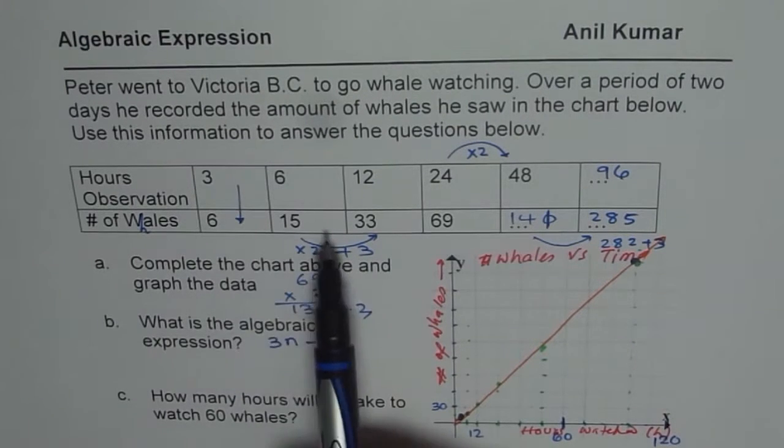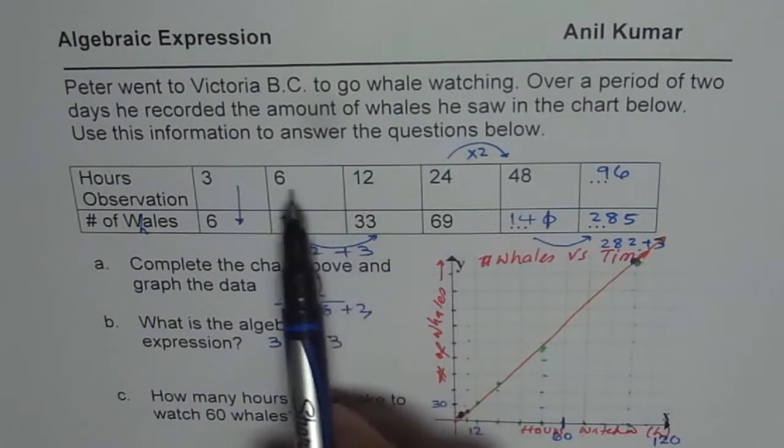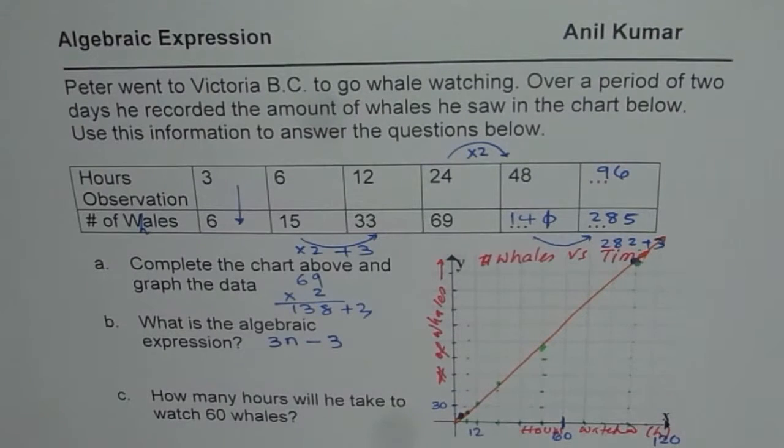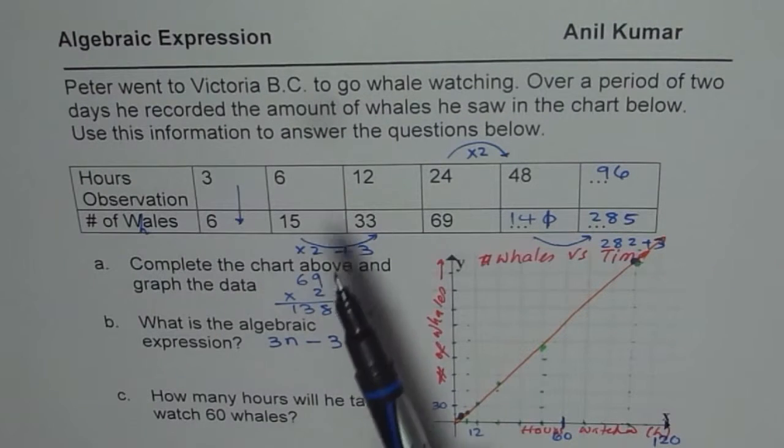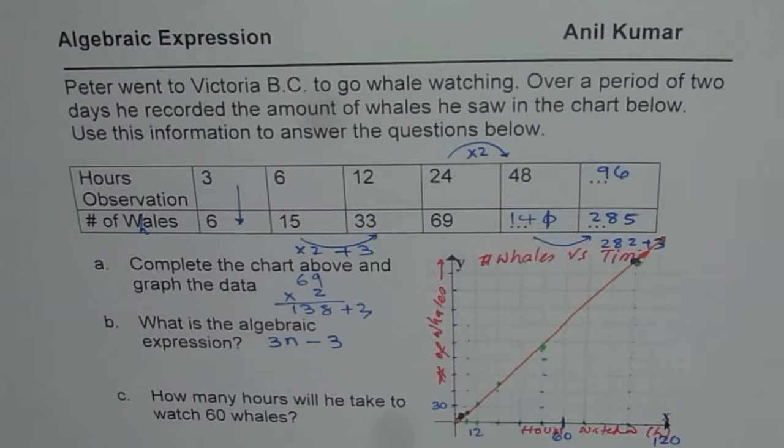Now it's kind of difficult since these are not constant values, so it becomes difficult at times to relate. But the way I did it is a simpler method to get to the situation, right? So I'll suggest that you do it the way I did. Try to find a relation between the two variables, the number of hours in this case and the number of whales.